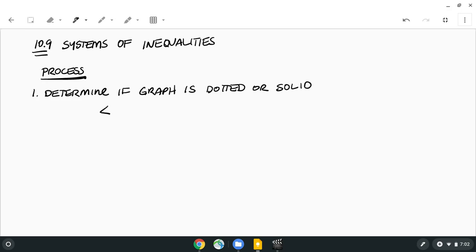So if you have a strict inequality, strictly less than or strictly greater than, then you will have the dotted graph. If you have the less than or equal or greater than or equal sign, then you will have a solid graph. You're probably familiar with this with lines. It's just that now we're doing lines, circles, and parabolas.